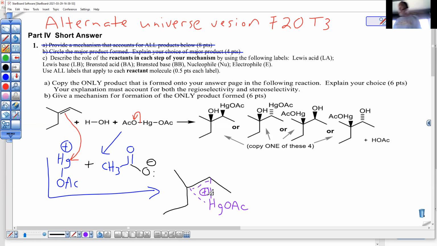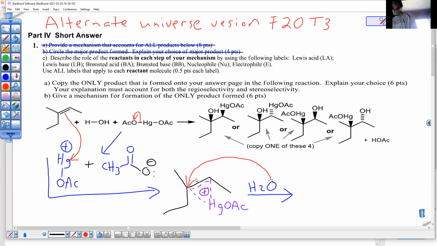And now we have to get our OH group onto one of the carbons. And it's not from an alcohol in this one, it's from water. So we're not going to get an ether like we did on our little roadmap that we did earlier. We're going to get an alcohol. Backside attack on the more substituted carbon.